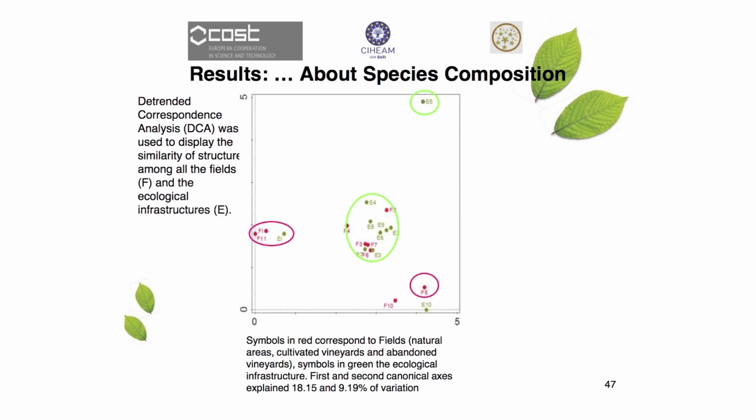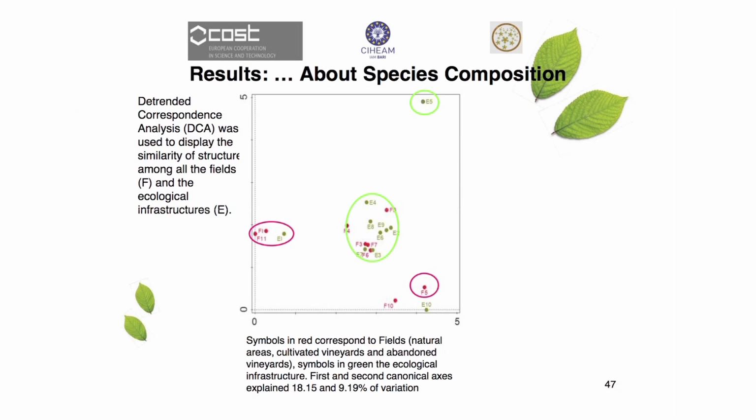These clusterize because they share some species, but not all. In fact, mainly ecological infrastructure clusterized very close and fields clusterized after. This F5 and this E5 do not clusterize together.